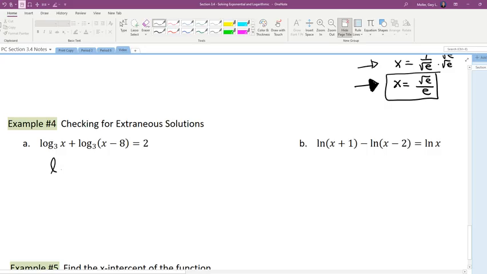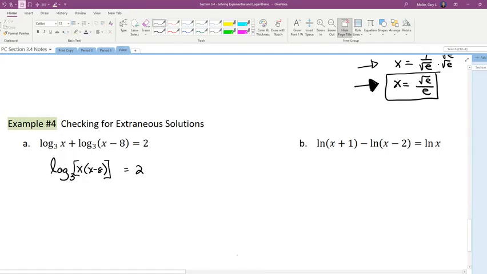So this is going to become log base 3 of, it's plus, so these are going to turn into x times x minus 8. So all of that is now inside log base 3 equals 2. So now if you want to do the old switch around, go ahead. I'm going to practice doing it, quote, the right way.